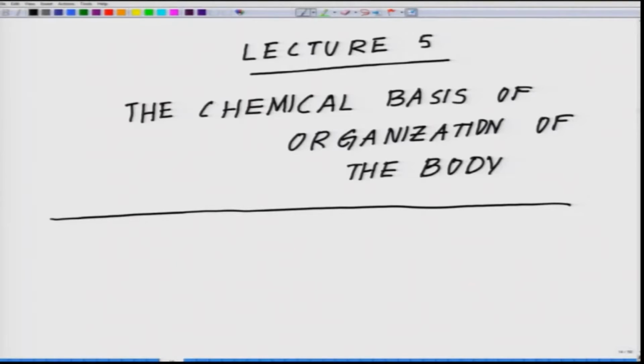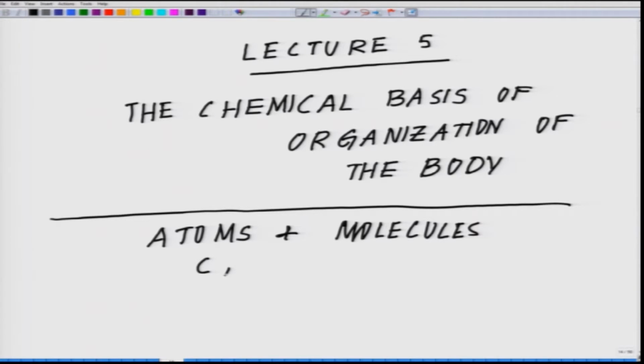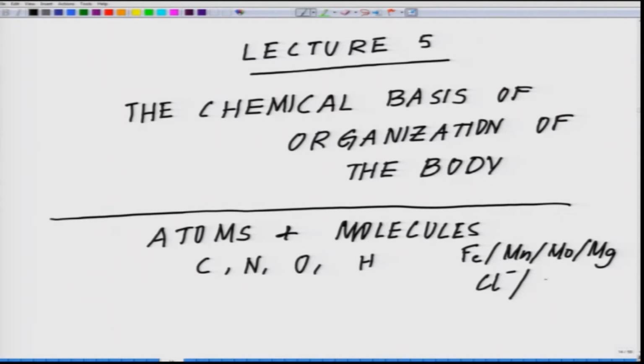So, while outlining, just now I talked to you about we are having series of atoms and molecules, and if you look at the different atoms which are involved, carbon, nitrogen, oxygen, hydrogen, iron, manganese, molybdenum, magnesium, chloride, sodium, potassium, there are a handful of them which dictate our system.